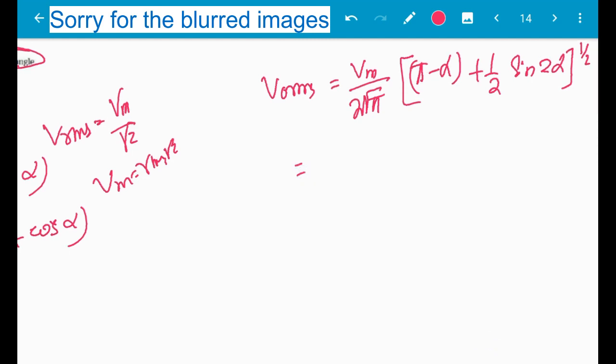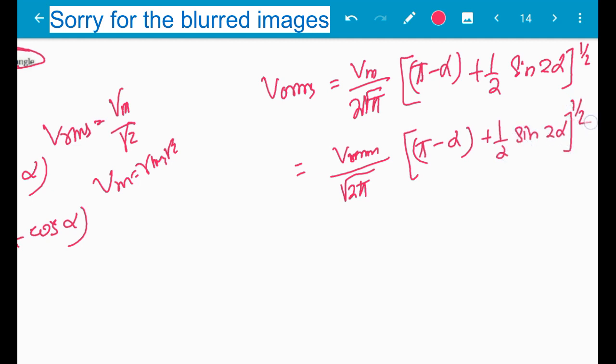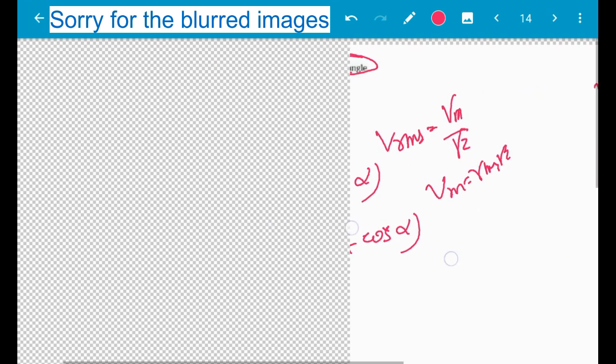So this will be Vrms by root over 2π, and the rest is the same, to the power half. So this is for RMS, if asked.